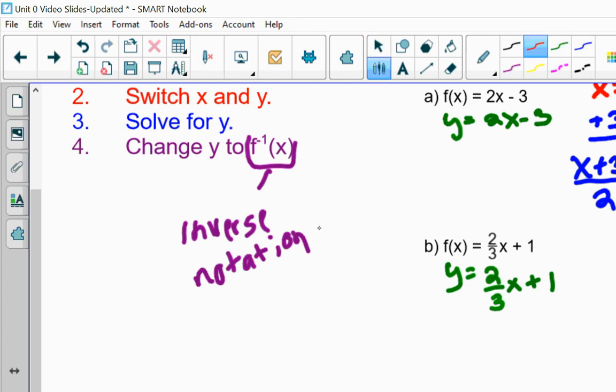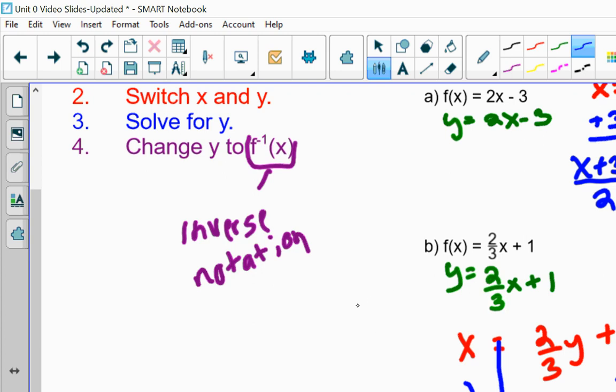So now I'll rewrite it as x equals 2/3 y plus 1. Solve for y. X minus 1 equals 2/3 y.